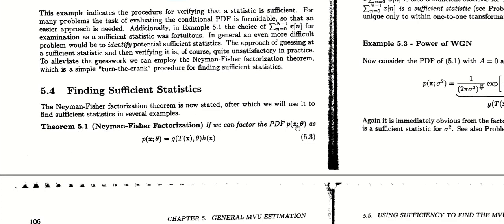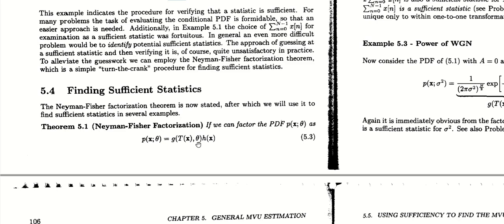If we can factor the PDF in this form, let's take a detailed look at this form. PDF is equal to g of T of x and theta, times h of x, meaning that you have a function of the sufficient statistic, and the parameter only multiplies with the function of theta.